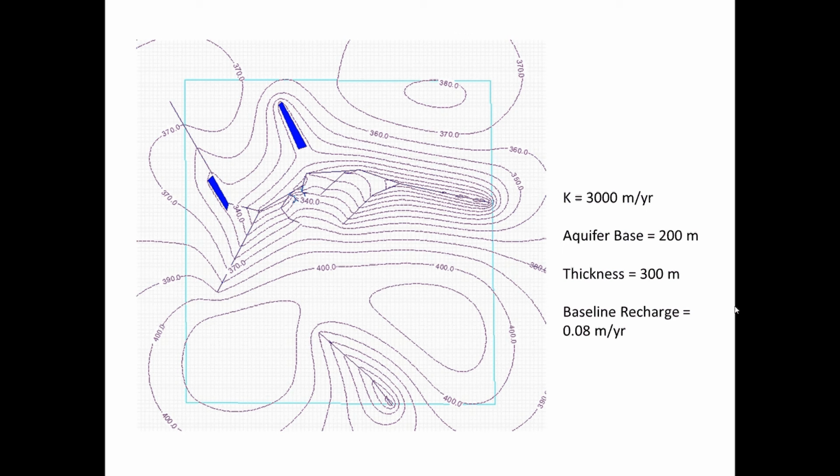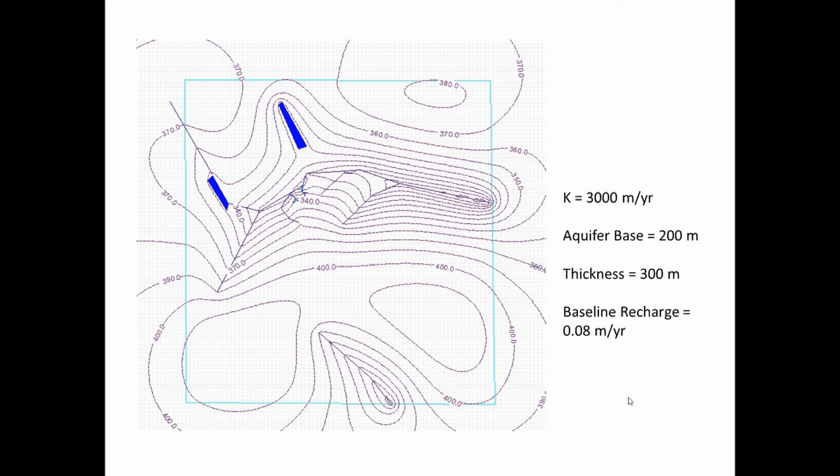I figured 300 meters would be thick enough to model it as an unconfined aquifer. And I created a recharge zone that had a baseline recharge of 0.08 meters per year. That's based on accepted values for recharge in the Kanza Prairie region.